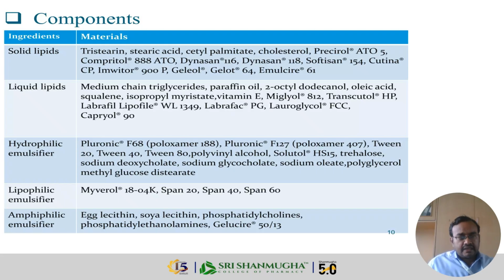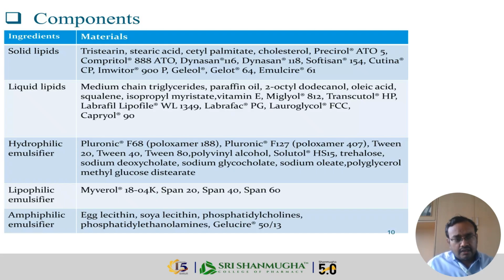Then there are several examples of emulsifiers, like Pluronic F68. These are hydrophilic emulsifiers. Then Tween 40, Tween 80, and we can also use polyvinyl alcohol. Okay, lipophilic emulsifiers like Myverol 18, Span 20, Span 80, Span 40, Span 60.